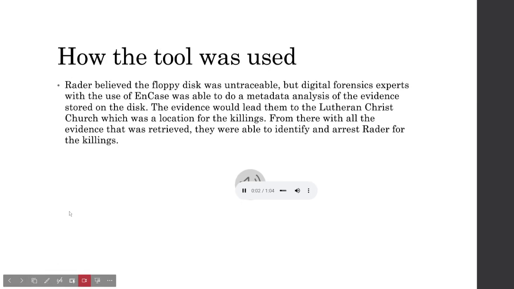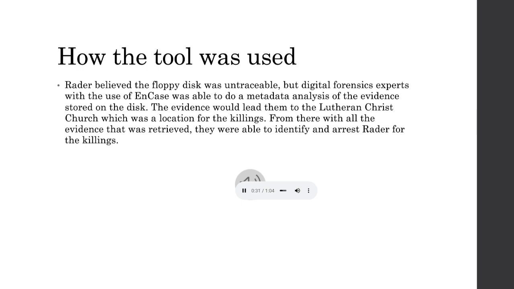So building off on the case study, Rader believed that the floppy disk was untraceable. So with that, the digital forensics experts were able to, with the use of the Encase software tool, the one that I mentioned on the previous slides, do a metadata analysis with the evidence that was stored on the disk.